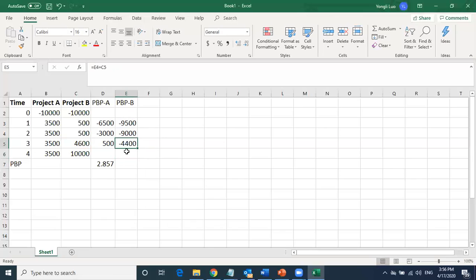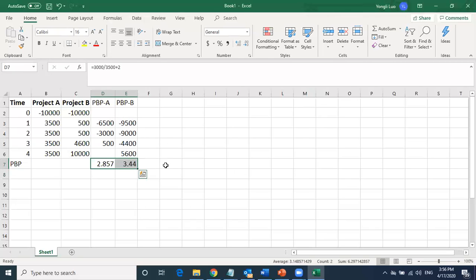So it's still negative. At the end of the fourth year, you see that number become positive. You end up with 5,600. That year you earned 10,000, and 4,400 is left, and then you add the 3 years. So that's your payback period.